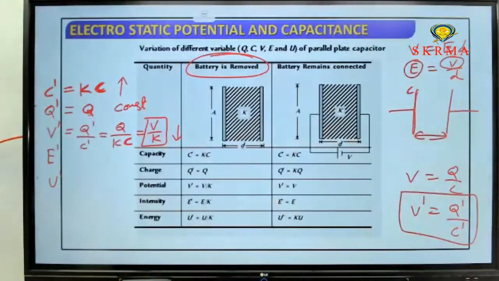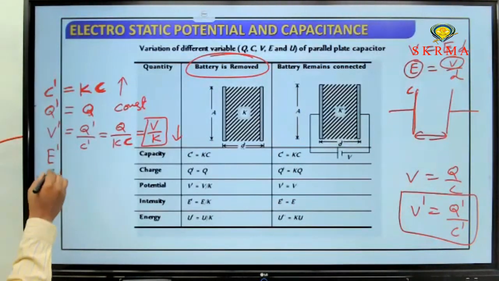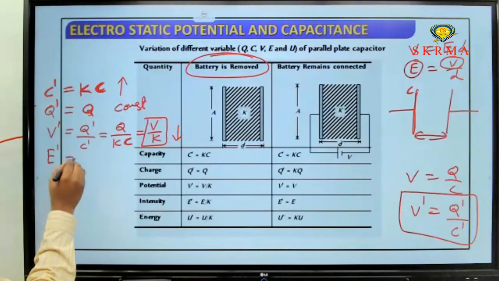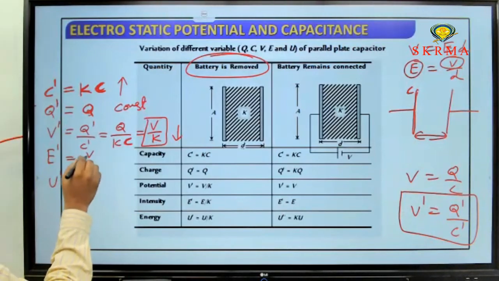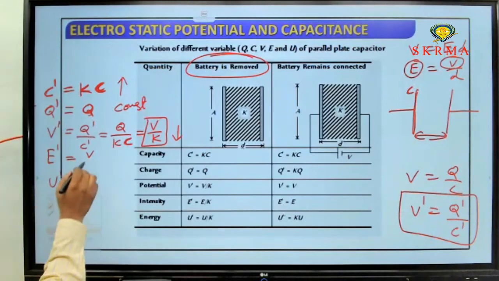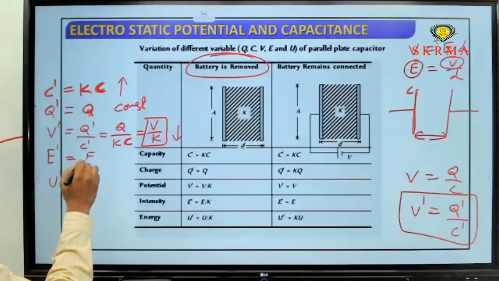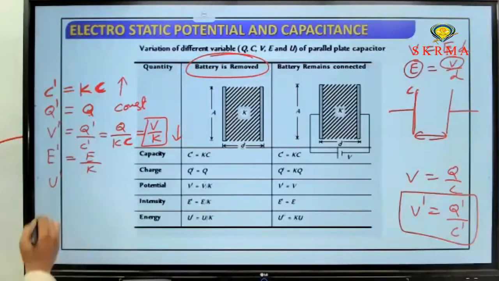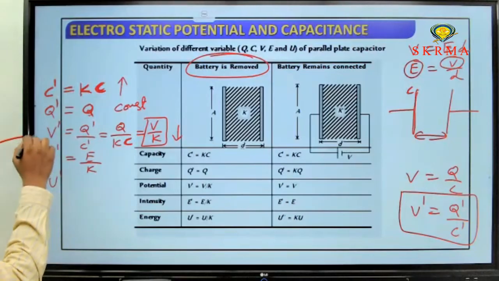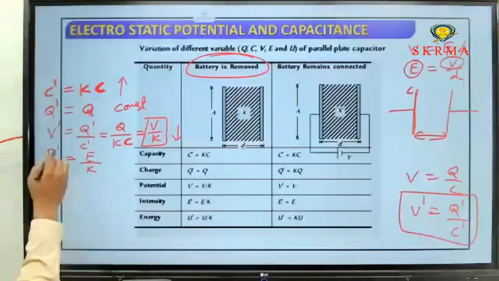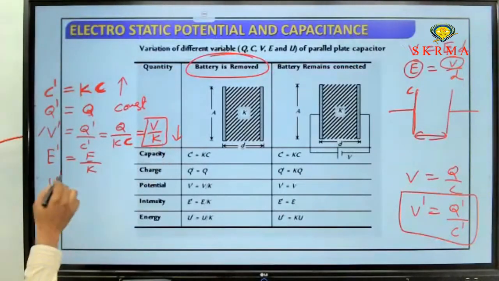So E dash = E by K, because E is directly proportional to potential. For potential we got V by K, similarly for electric field E by K.